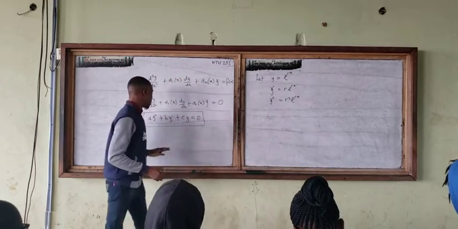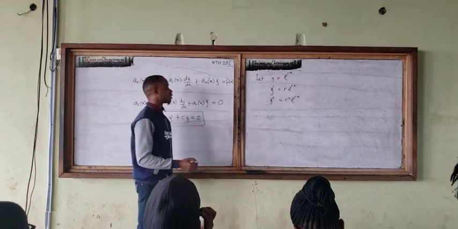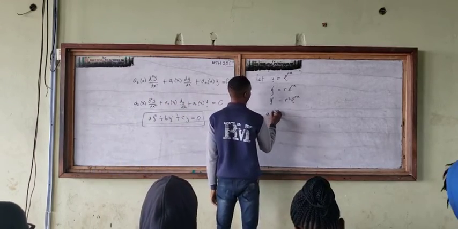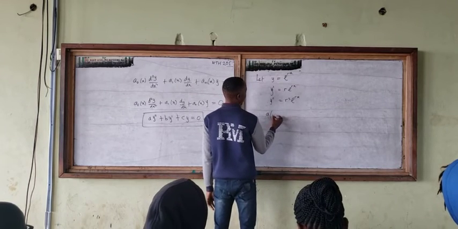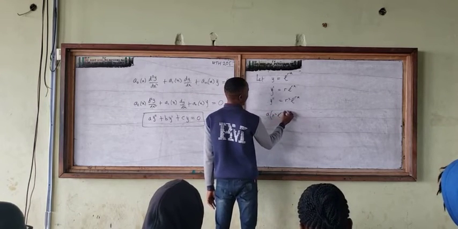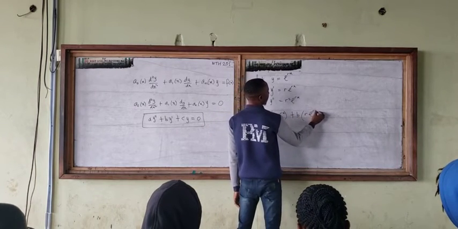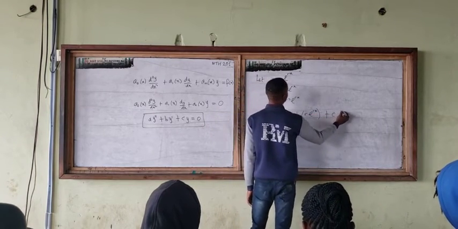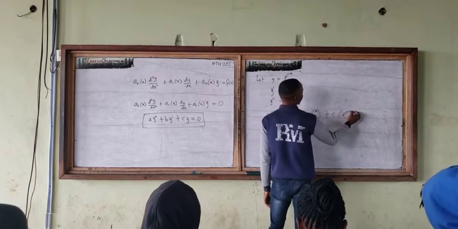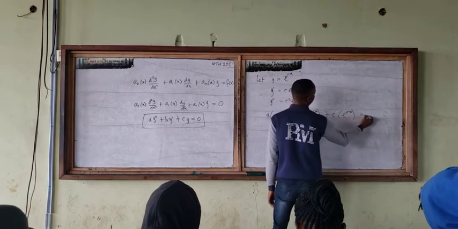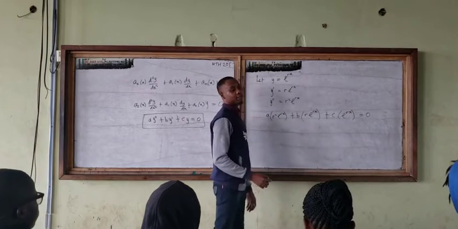So when we substitute all of this into the differential equation, we get a times y double prime, that's r squared e raised to the power rx, plus b times y prime, that's r e raised to the power rx, plus c times y, that's c e raised to the power rx, and everything equals 0.